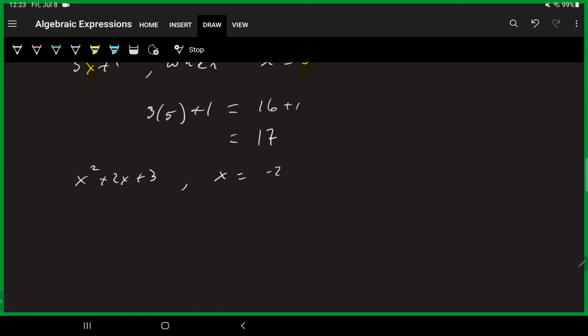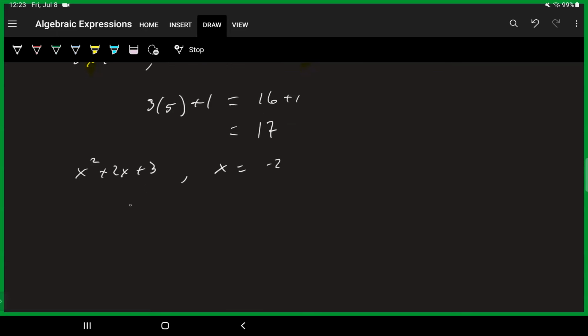So I'm going to plug in -2 wherever I see an x. I like to use parentheses whenever I'm plugging in a number for a variable, because it helps me with my signs. It also reminds me that I'm dealing with something that was a variable and is being replaced.